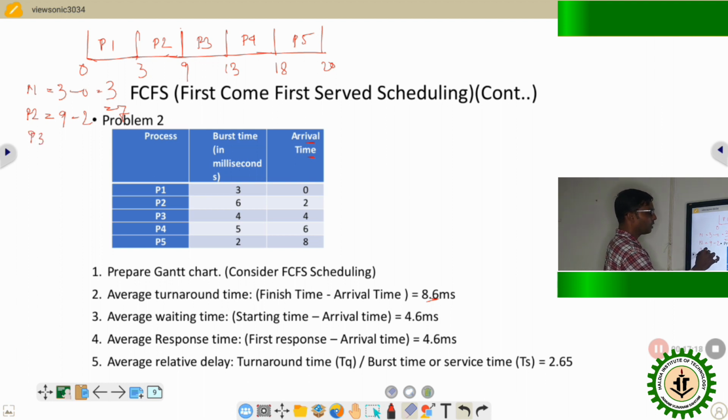Process P3, finish time 13 minus arrival time. P3 is arrival time 4, 9.